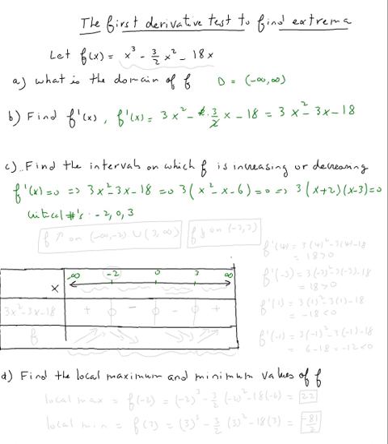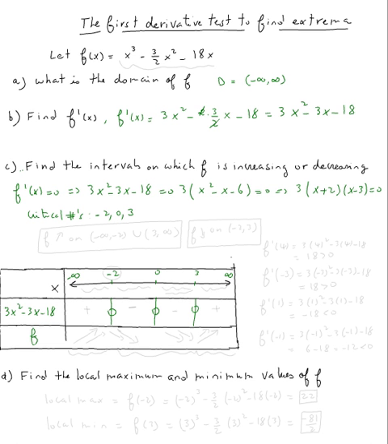F prime of x is 3x squared minus 3x minus 18. So the derivative is equal to 0 here. It's equal to 0 here. Right? And this is f, so we're going to know where it's increasing, decreasing.